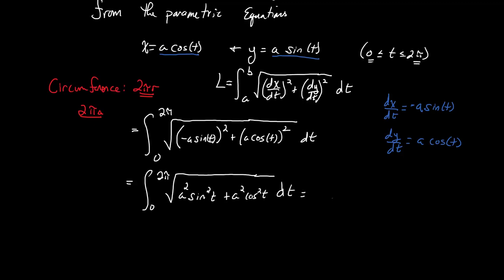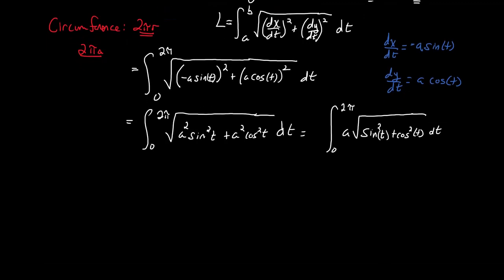We can pull out the square root of a squared, so this will give us the integral from 0 to 2 pi of a times the square root of sine squared of t plus cosine squared of t dt.